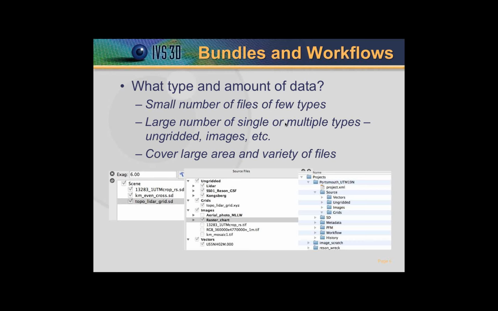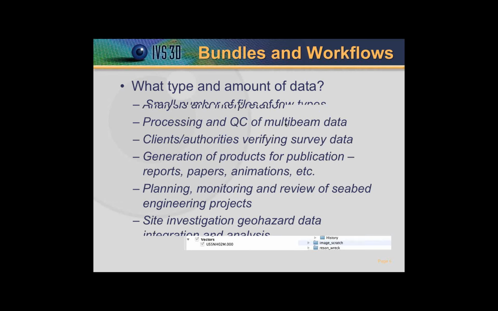Whereas in the middle there is a DMagic source data list, which includes the various data, ungridded, grids, images, and vectors, but within each subsection of those, you can obviously add a large variety of those. I'll also show you later on the right is just the standard Windows Explorer or Finder on a Mac that shows the structure that we now put onto our projects with DMagic to assist in that project management and the data management once you start building your scenes and objects.